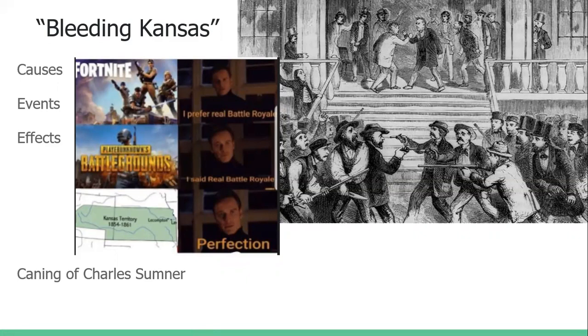Bleeding Kansas was a sequence of violent events involving abolitionists and pro-slavery elements that took place in the Kansas Territory, where a lot of pro-slavery and anti-slavery constitutions were competing to be the constitution of the state of Kansas. The dispute would basically erupt into violence.